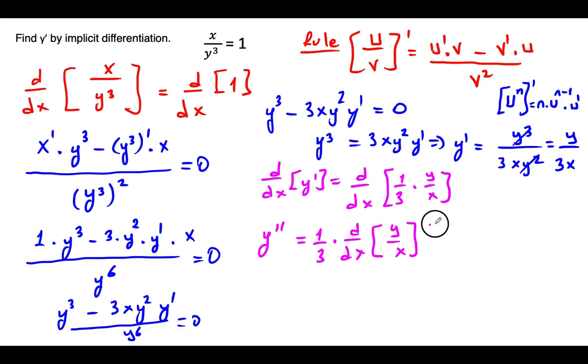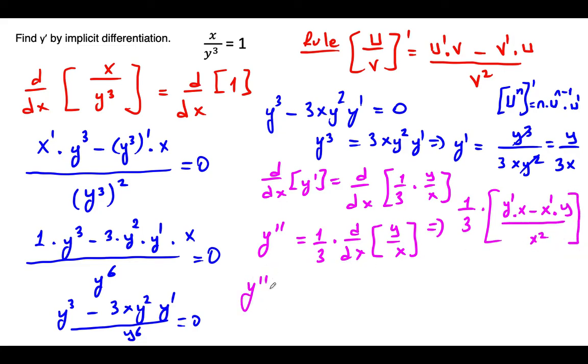So what did I do here? I will use the same thing. So 1/3 is outside. The derivative of the numerator, I mean u prime v minus v prime u: the derivative of y times x, minus the derivative of the denominator times the numerator, divided by the denominator to the power of 2.